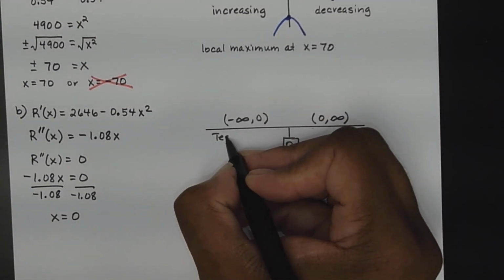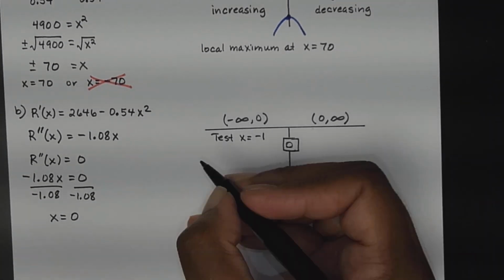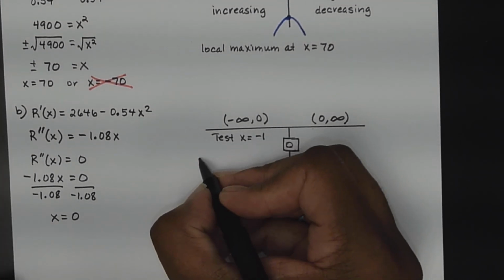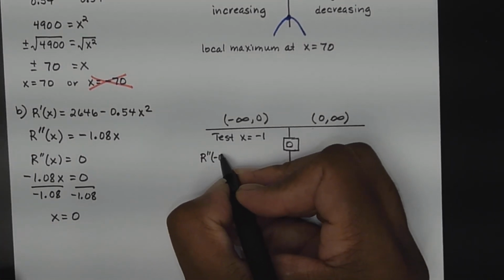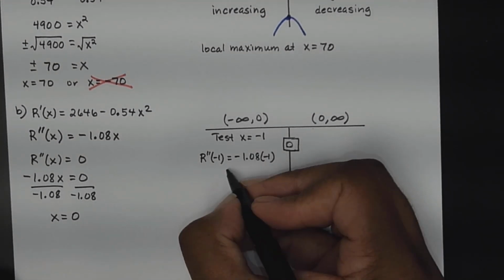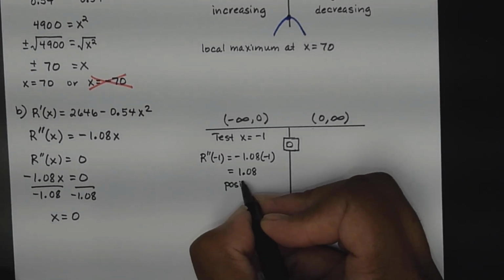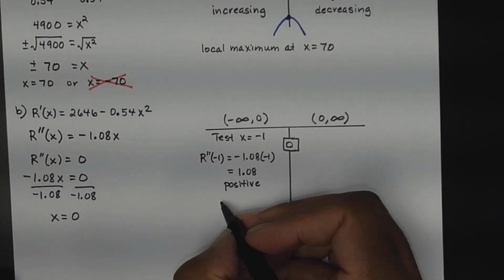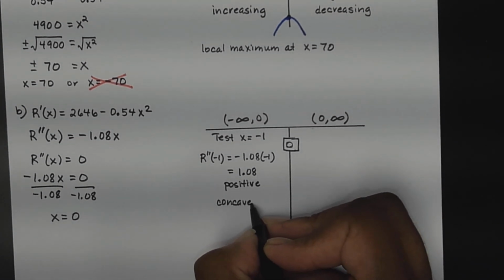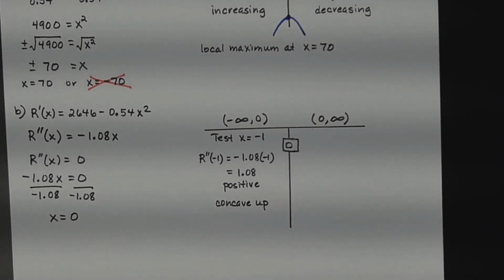So let's test from negative infinity to 0, let's say negative 1. And substitute the x with negative 1 in the second derivative function. So r double prime of negative 1 would be negative 1.08 times negative 1. That would be a positive 1.08, which is positive, as I mentioned. So that means the graph of the function is concave up. Second derivative is positive, that means it's concave up.